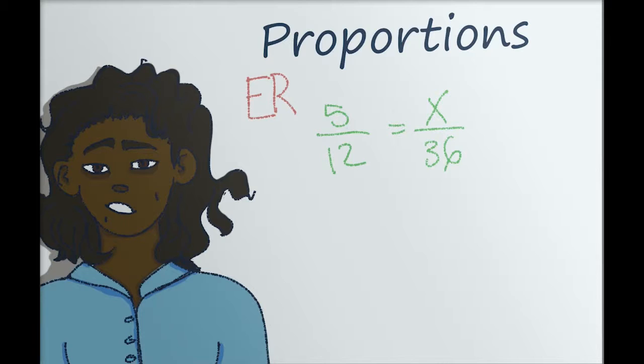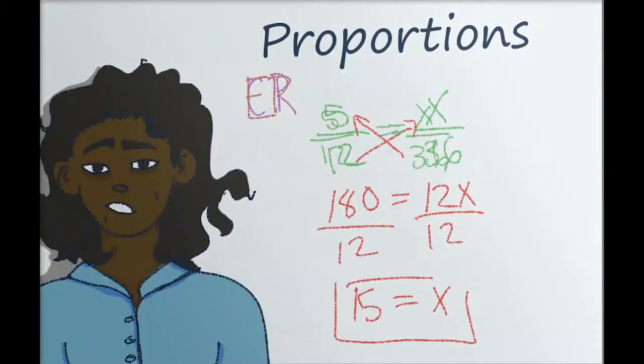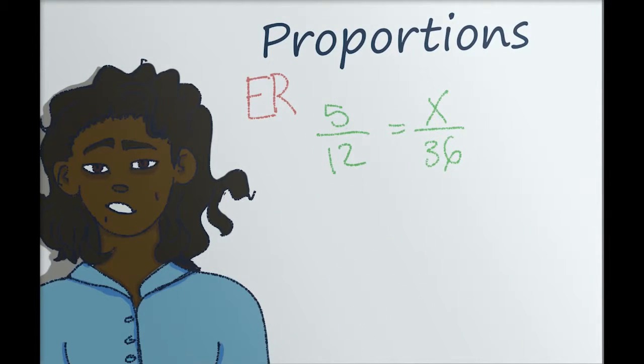Equivalent ratios is pretty much what we've been doing this whole time. It's finding a common denominator. So, what you need to do is you have to find a common denominator, alright? For finding the common denominator, you have to multiply 12 by 3 and multiply 5 by 3.